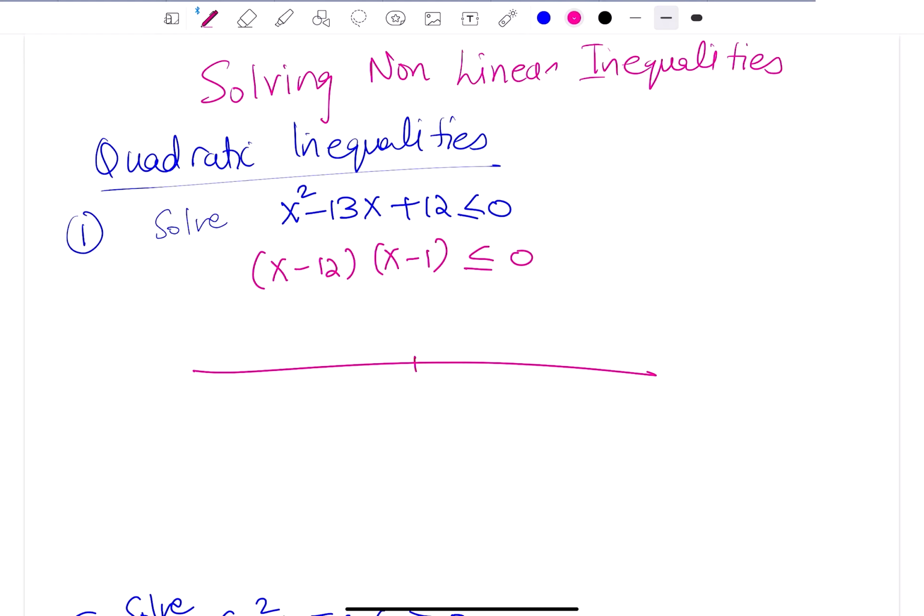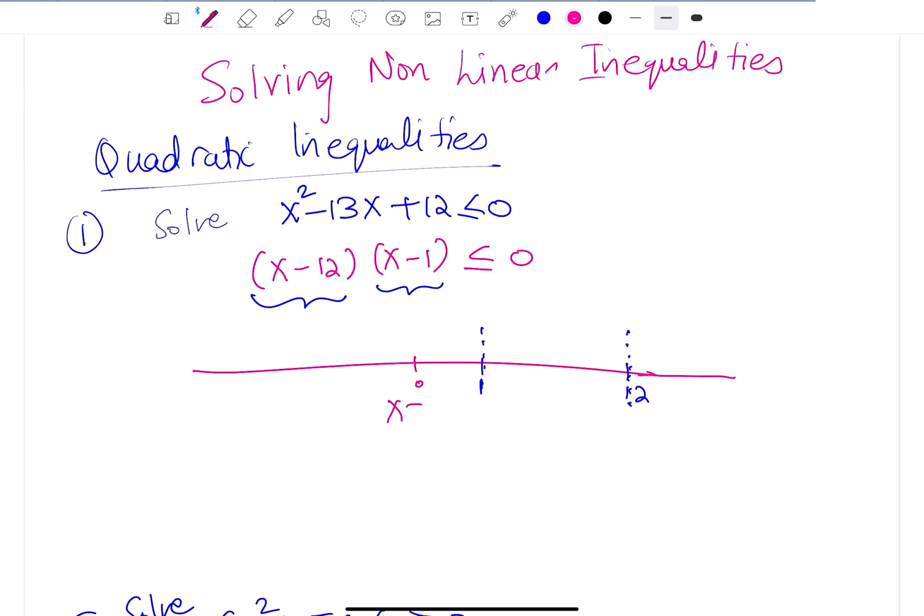Now figure out where does each of the factor become 0. This factor becomes 0 at x equals 1, and x minus 12 becomes 0 at x equals 12. So now these are my different zones where I need to pick the test values and make the sign chart for the inequality.